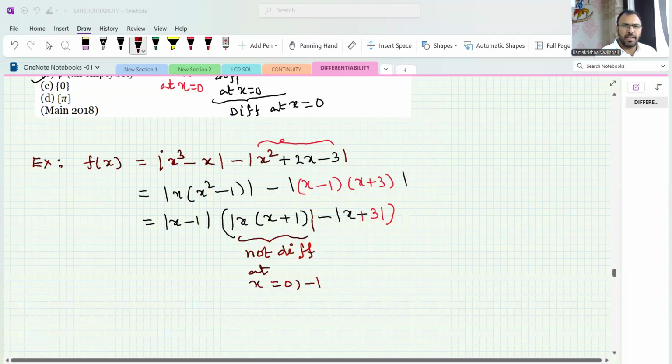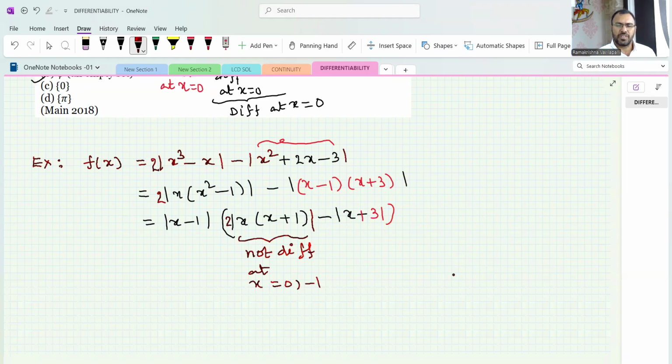Here I am taking an extra 2 so that I can write 2 here. This function is not differentiable when it is 0, at 0, comma -1.